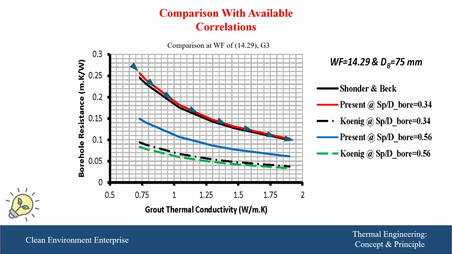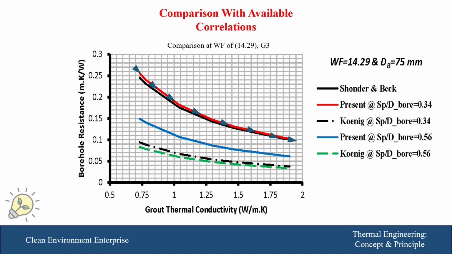Both of them represent the higher and lower values, of course, although the higher value is shown by the present work or the present correlation, but again, it's very close to Schonder.